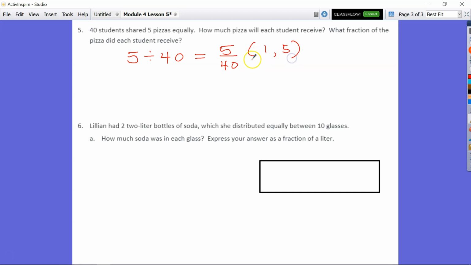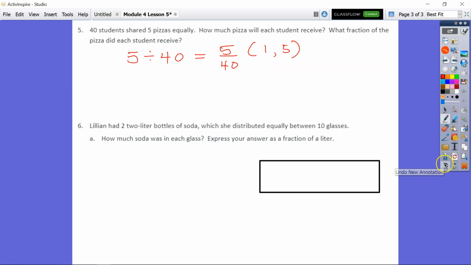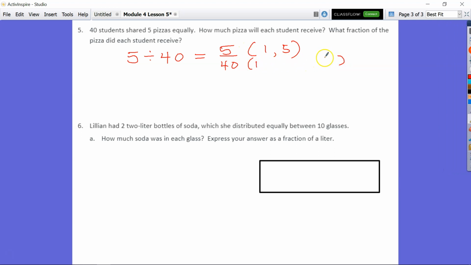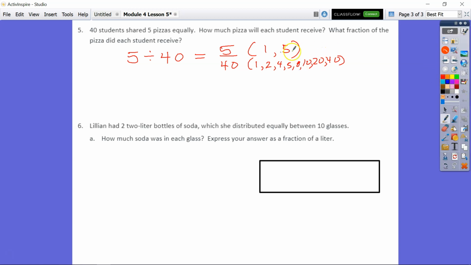Factors of 5, 1 times 5. Factors of 40, 1 times 40 equals 40. 2 times 20 equals 40. Next, 4 times 10 equals 40. 5 times 8 equals 40. So my greatest common factor here would be 5.